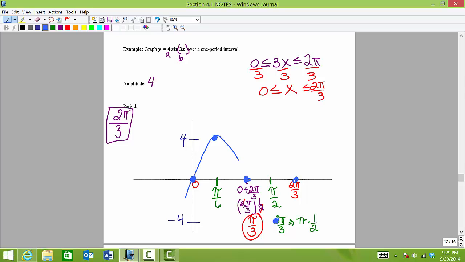So here's one period of our sine function with a period of 2 pi over 3 and an amplitude of 4.